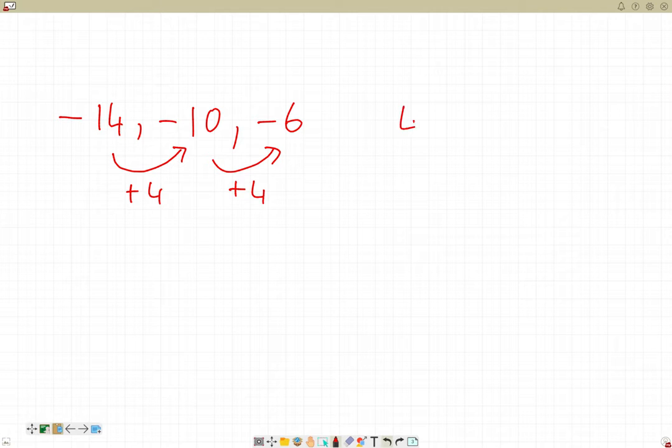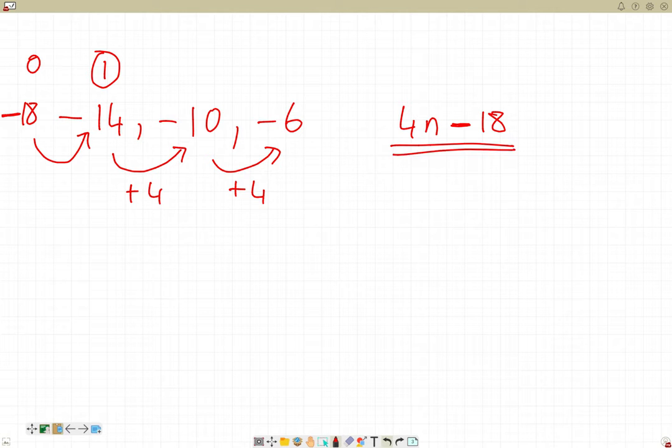So the first part of my nth term is 4n. Second part, find the zero term. That's the term before the first term. Zero term will be something plus 4 is minus 14. So minus 14 take away 4 gives me negative 18. So the nth term for that sequence is 4n minus 18.